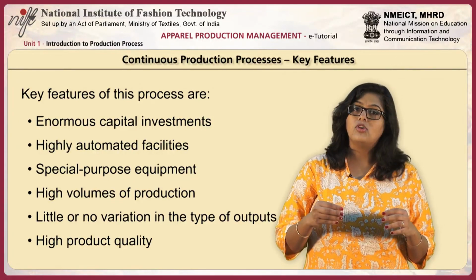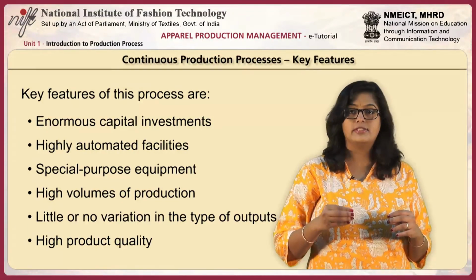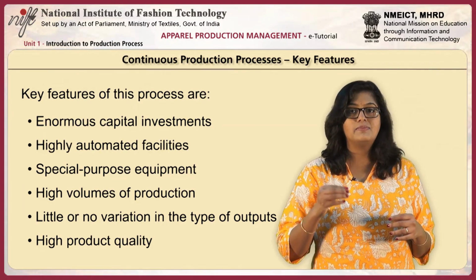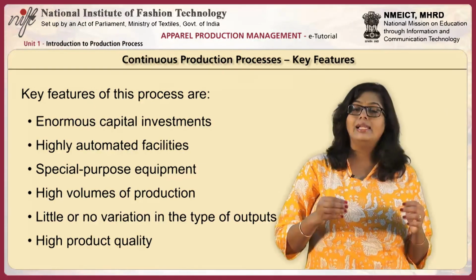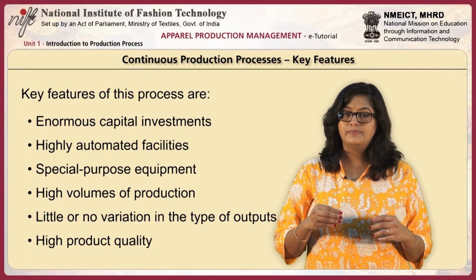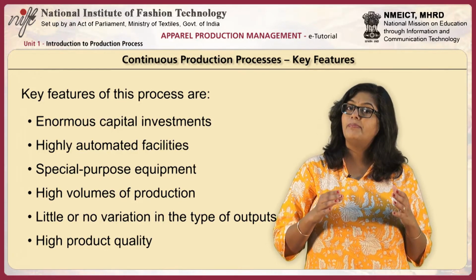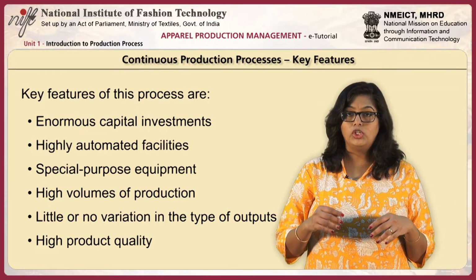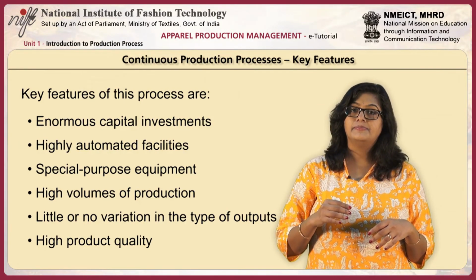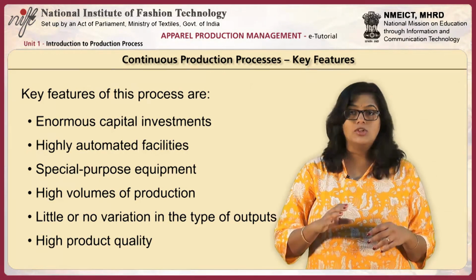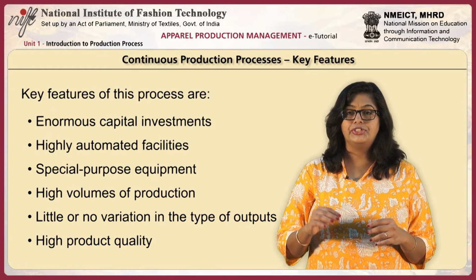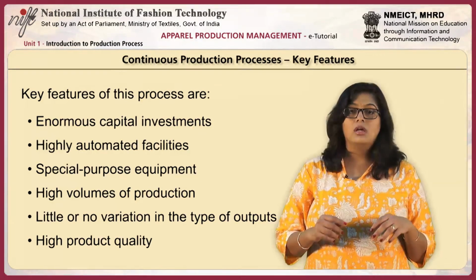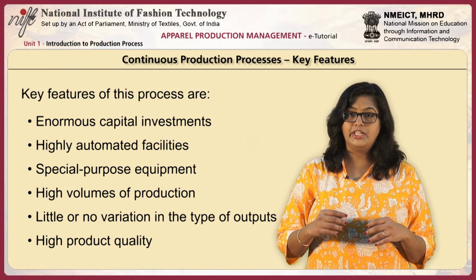Key features of continuous production processes are enormous capital investments, highly automated facilities, special purpose equipment, high volumes of production, little or no variation in the type of outputs, high product quality.